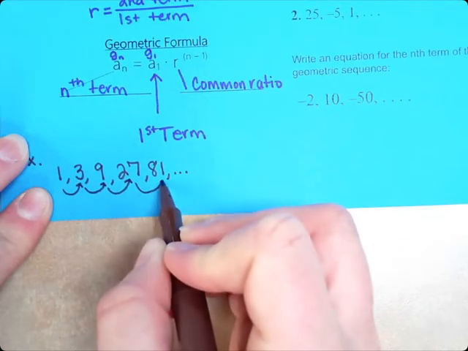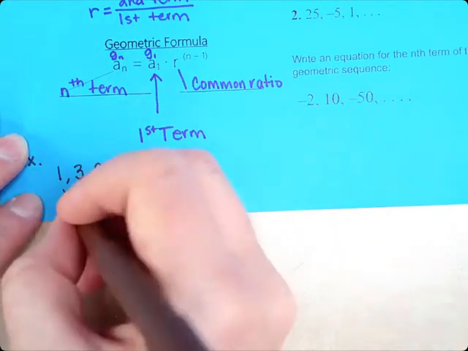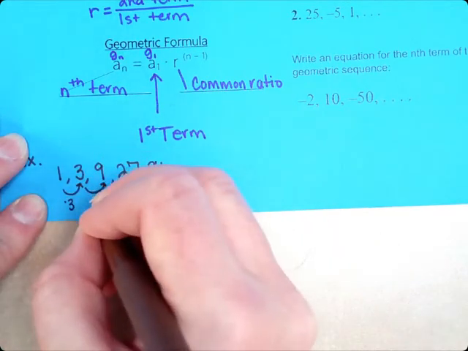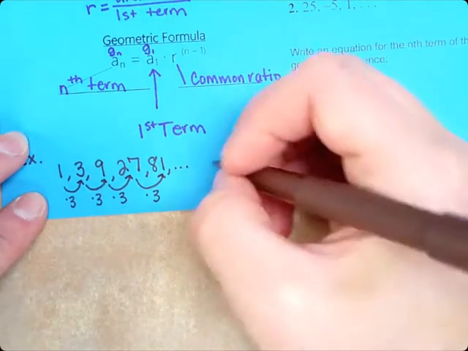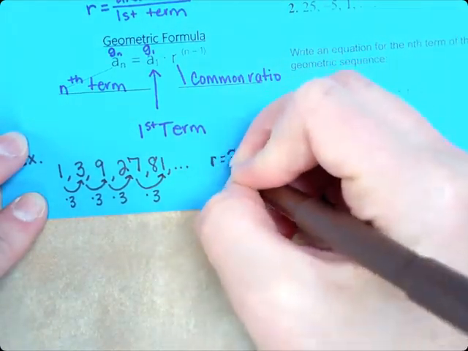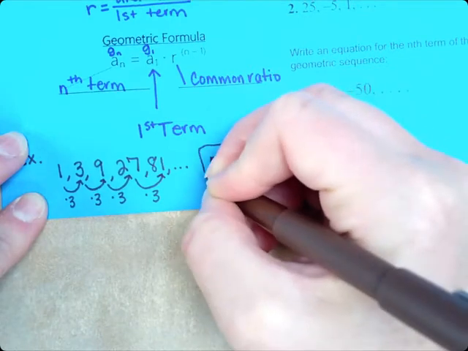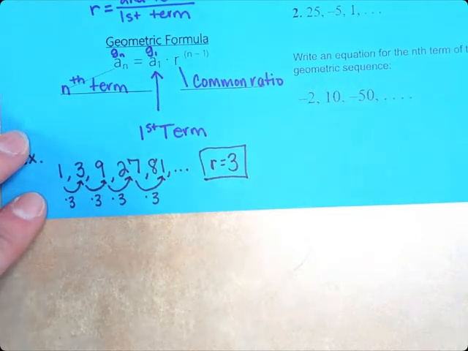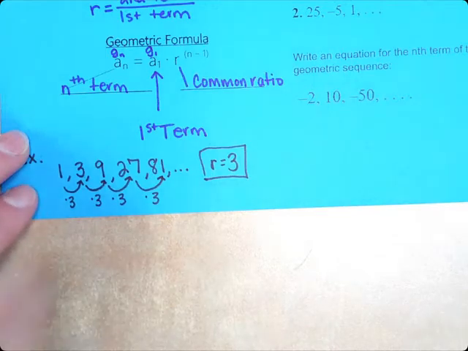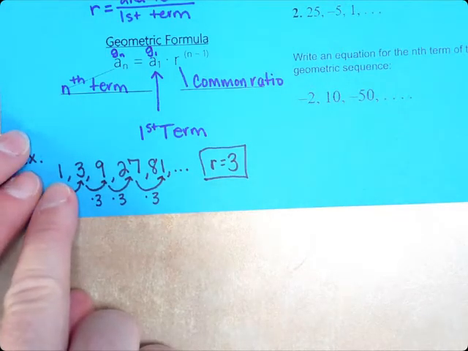Now you can tell me. Times 3, right. So times 3, times 3, times 3, times 3. So our common ratio r is 3. Our first term is just 1.